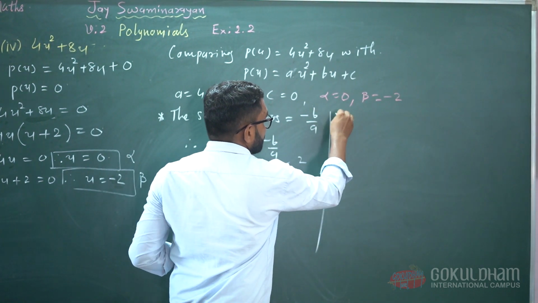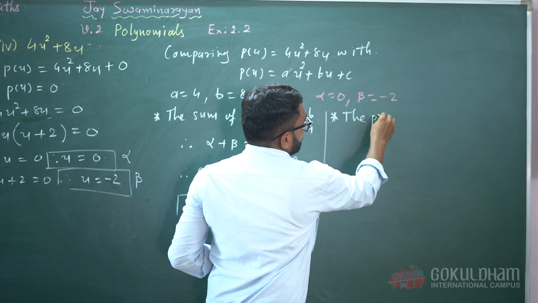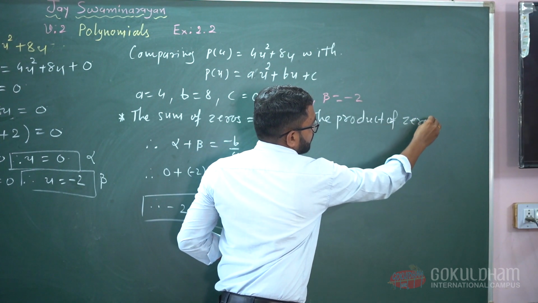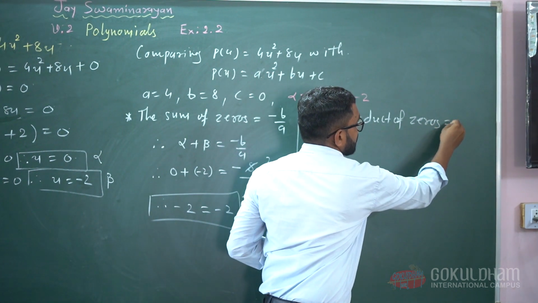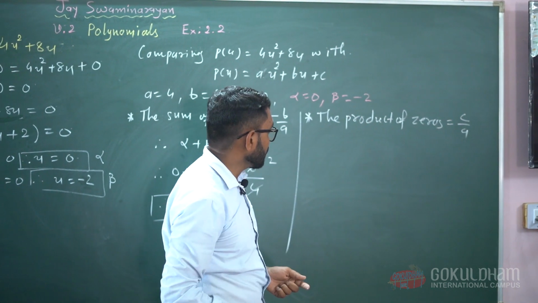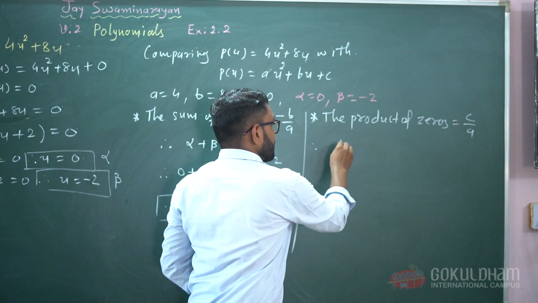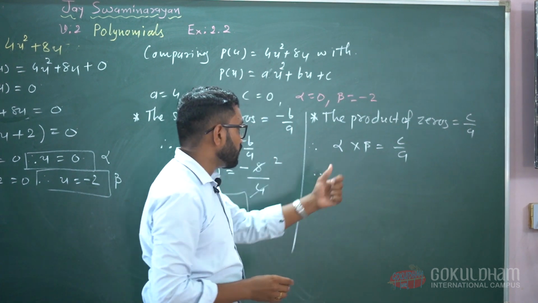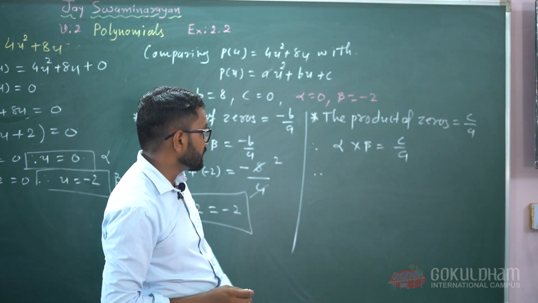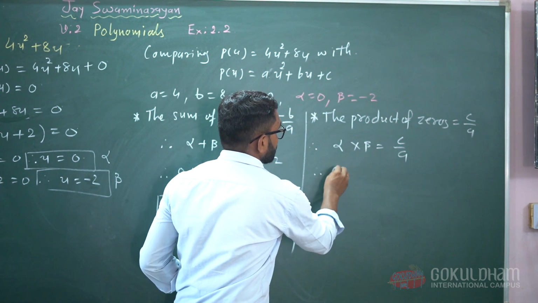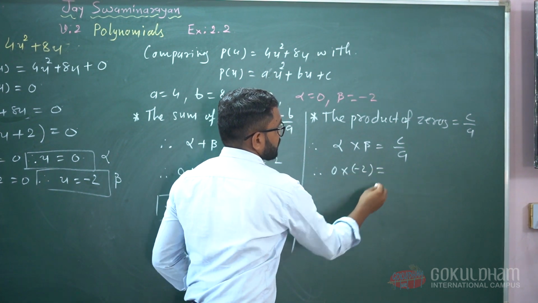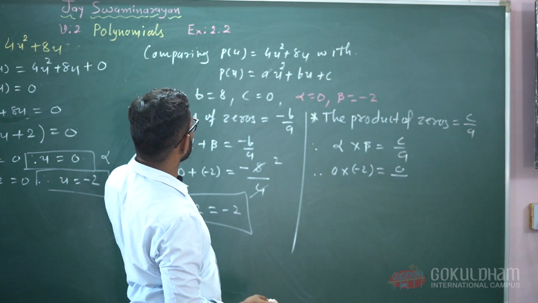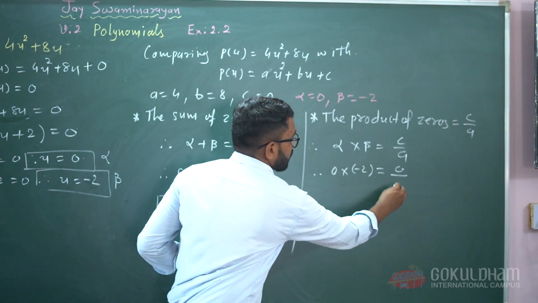Now find the relation for the product of zeros. The product of zeros equals c by a. The product means multiplication, so alpha into beta equals c by a. Now put the values: alpha is 0 multiplied by minus 2, and c, the constant term, is 0 divided by the coefficient of u square, which is 4.